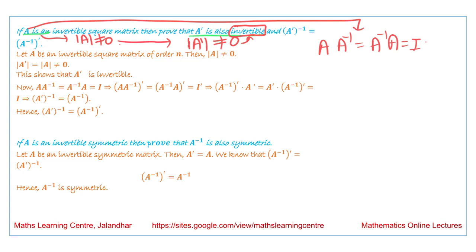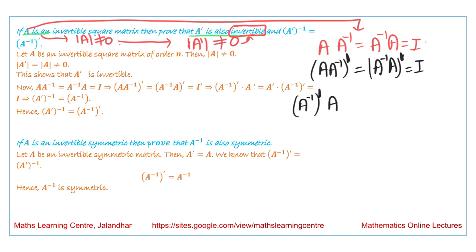Now, if we do the transpose of the whole of this equation, we will obtain A into A inverse transpose, that is equal to A inverse into A transpose, that is equal to I. From our previous result, we know that A inverse transpose into A transpose, that is equal to A transpose into A inverse transpose, that is equal to I.